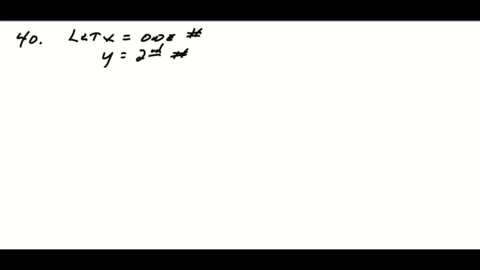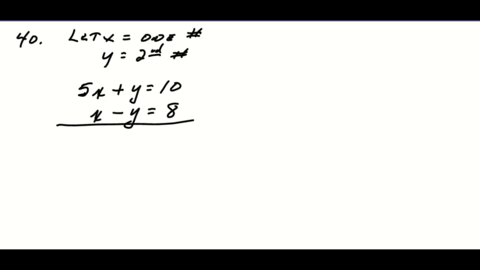And what it says in that first sentence is the sum of 5 times one number, 5x, and a second number, plus y, equals 10. The difference between the two numbers is 8. All right? So my second formula then will be the difference: x minus y equals 8. And now we've got a simple problem that we can solve. My expectation is that you will solve these problems. Not just set them up, but you need to solve them.